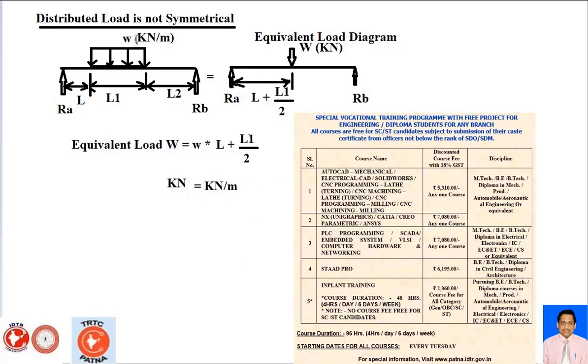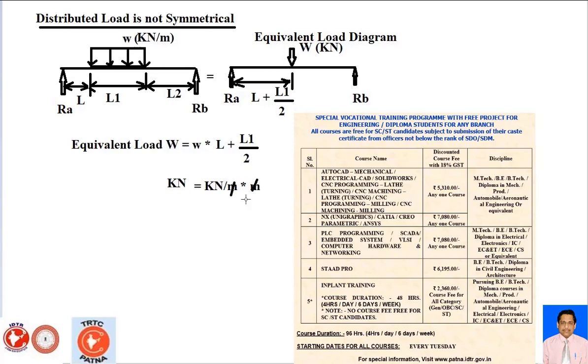This W is kilonewton per meter, and then you multiply by the length, which is in meters. So this meter and this meter cancel out.